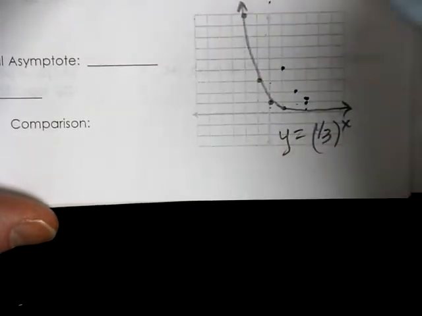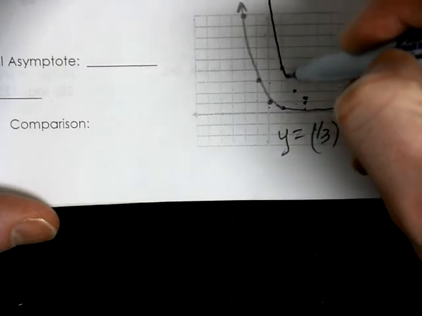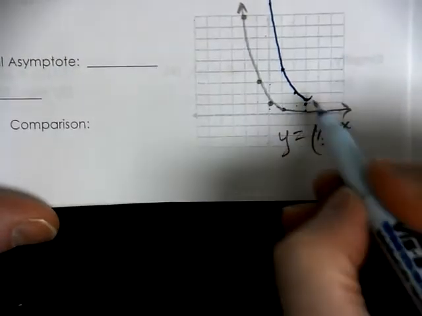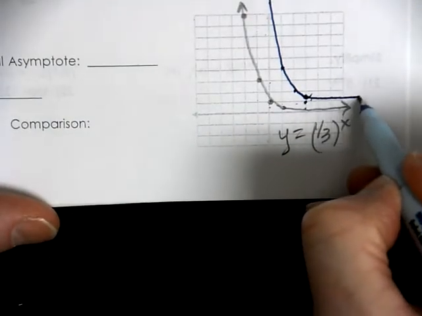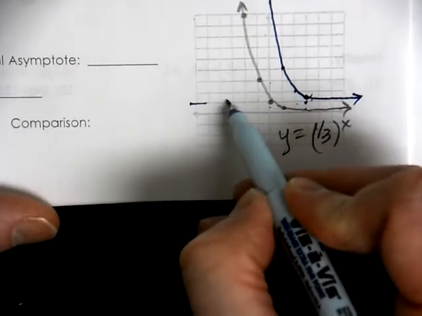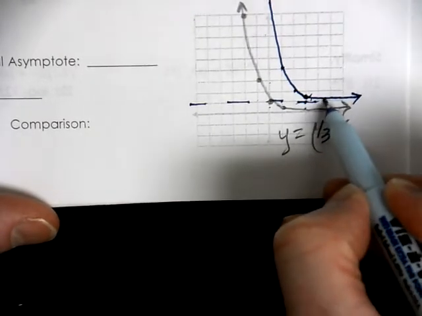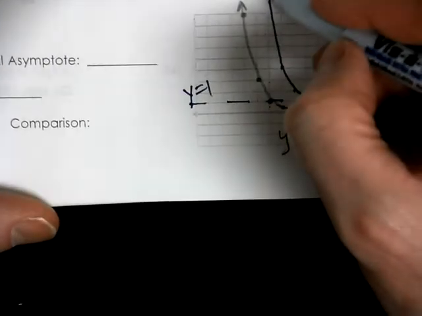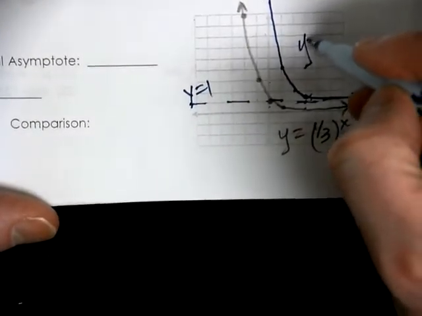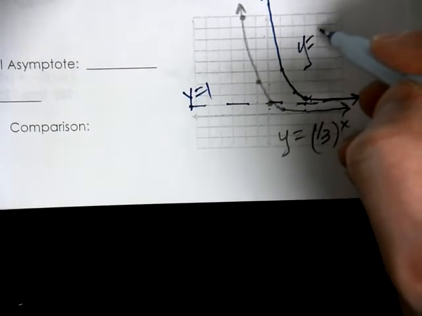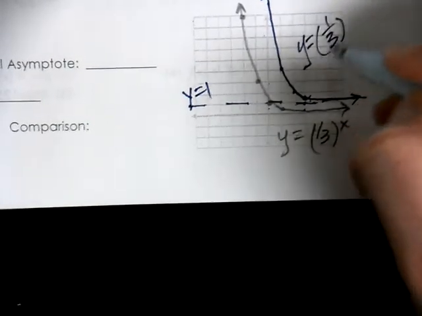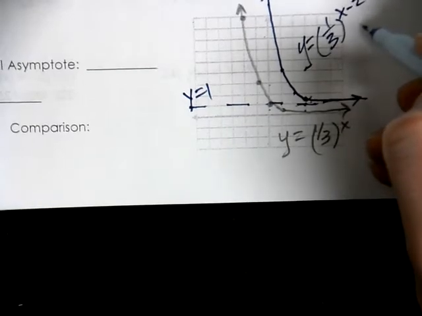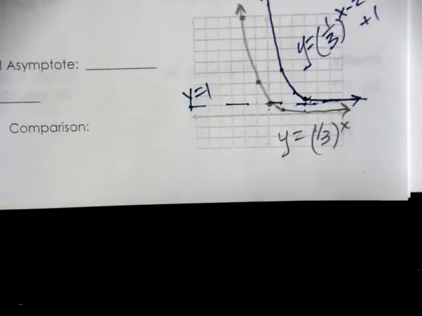It's up a little bit higher. So now you have this horizontal asymptote at y equals 1. And your graph's going to be y equals 1/3 to the x minus 2, plus 1.